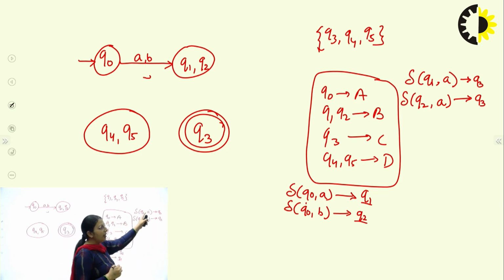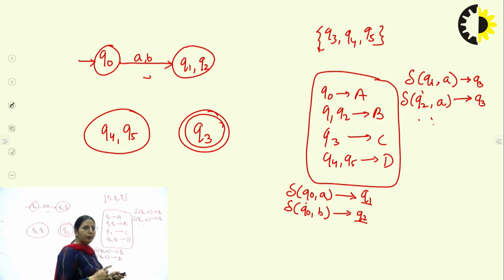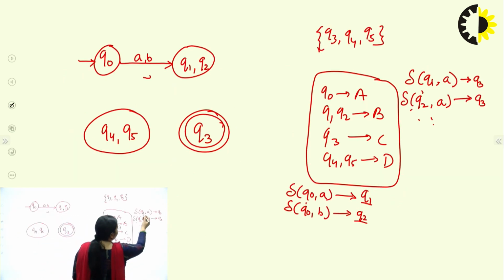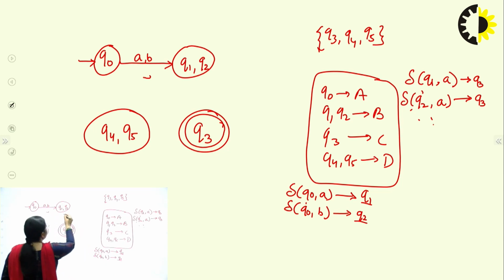For input A, both the states, Q1 and Q2, go to the same state. So we can mark here that from here to here, on input A, Q1 and Q2 both go to state Q3.